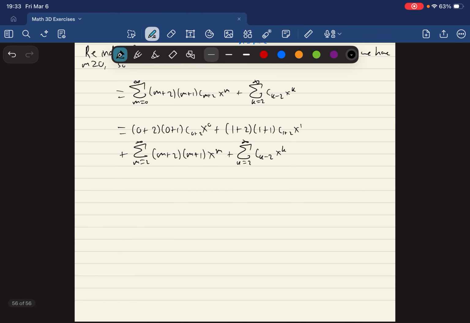And we can clean this up. So just cleaning up these coefficients here, we're going to get 2c2, and then x to the 0 is just 1. Great.